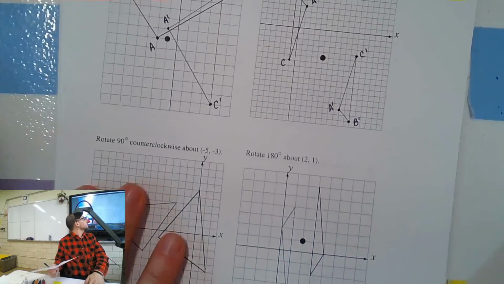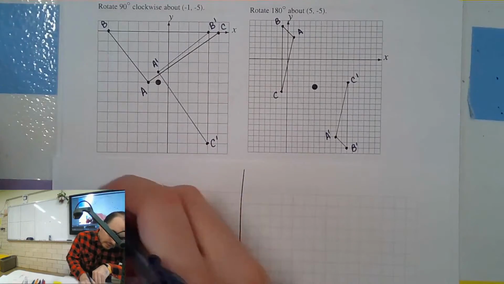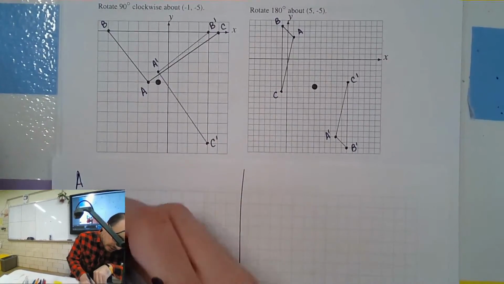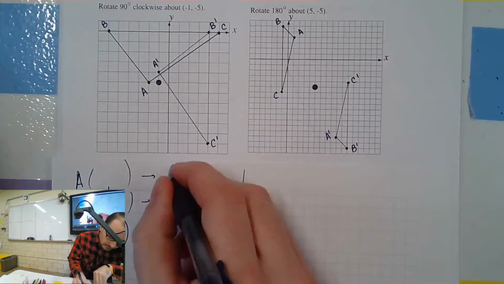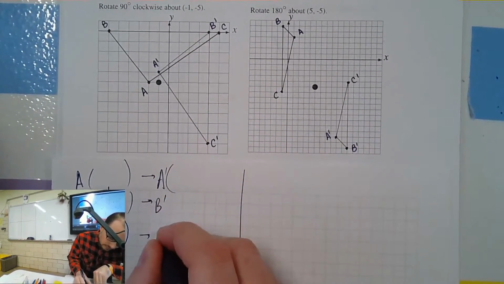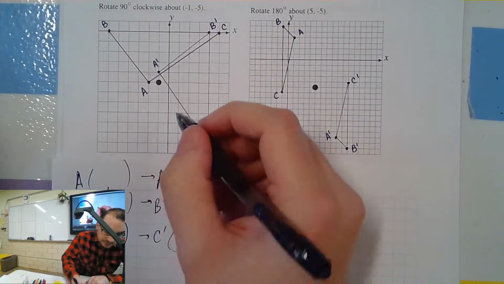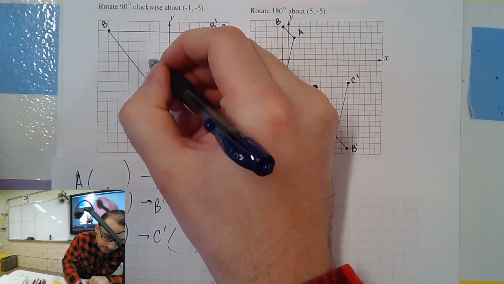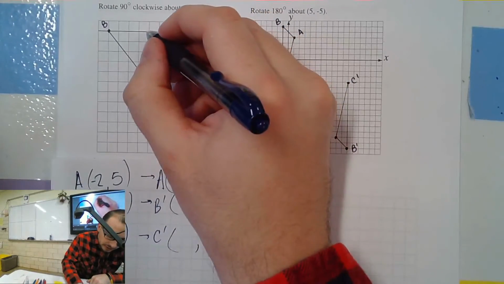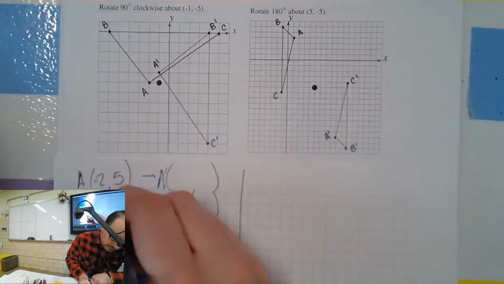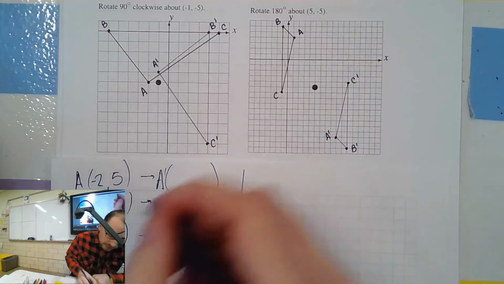I'm going to zoom out just a little bit. For this one, A, B, and C. Let's copy down their coordinates. A's coordinates are -2, 5. B's coordinates are -1, 6. And C's coordinates are 1, 5.